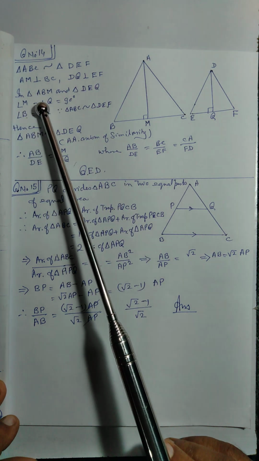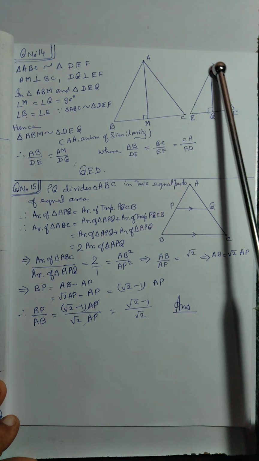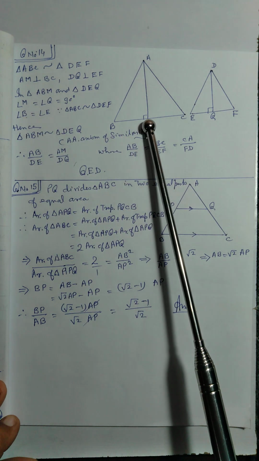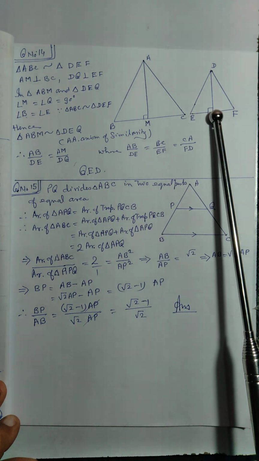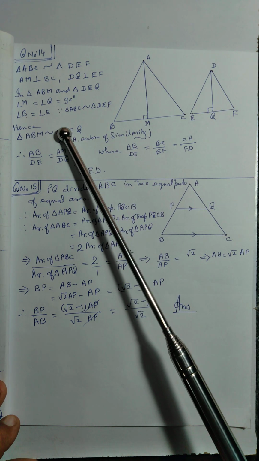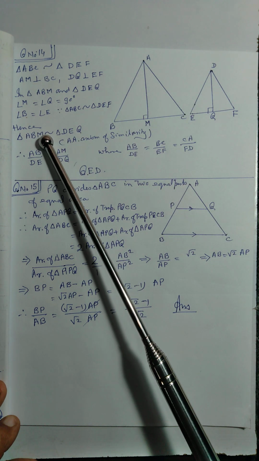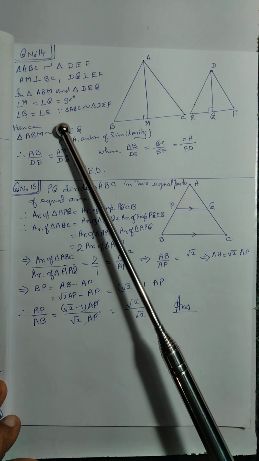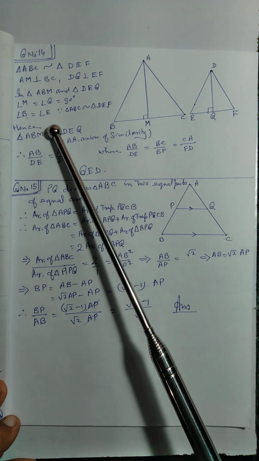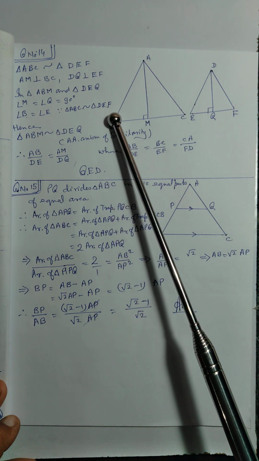In triangles ABM and DEQ, angle M is equal to angle Q. Why? Because they are equal to 90 degrees. Angle B is equal to angle E, because triangle ABC is similar to triangle DEF.